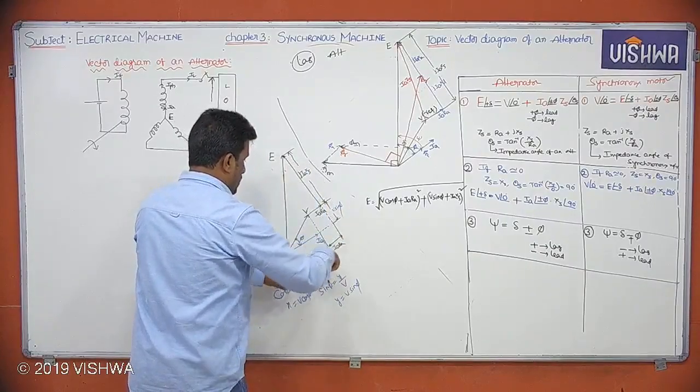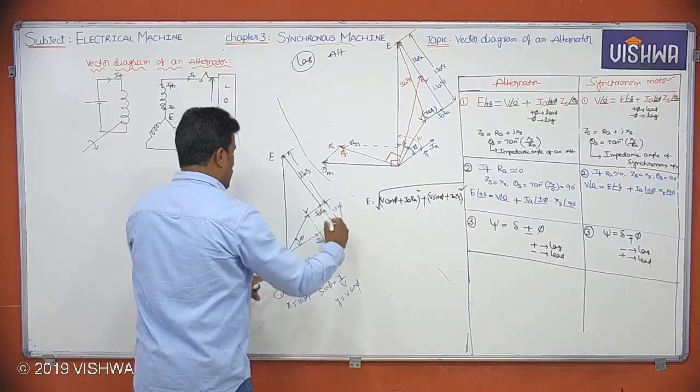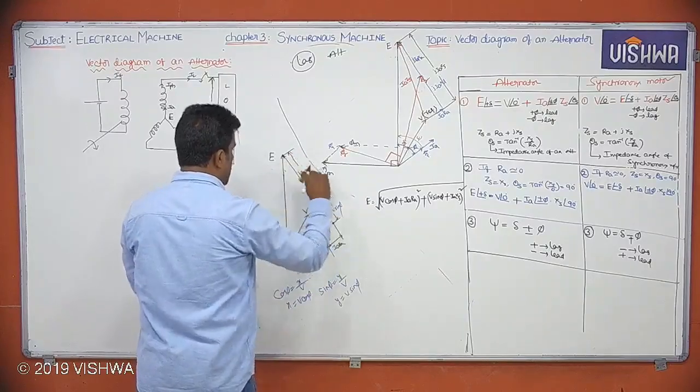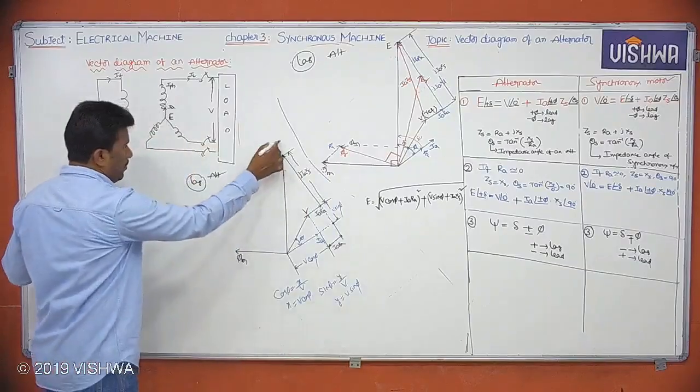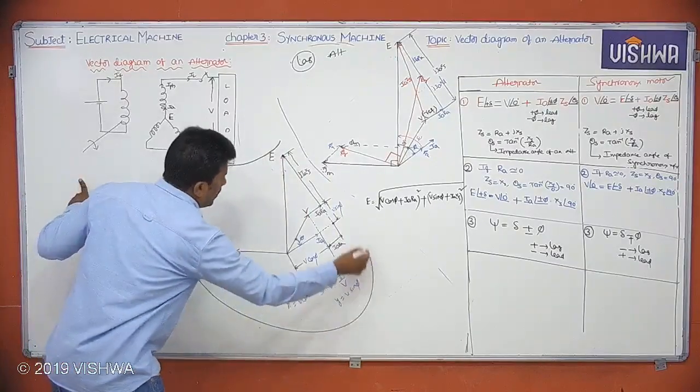This side means V cos phi plus IARA, whole square, plus V sin phi plus IA Xs, whole square. Is it clear? Very simple. From here to here means V sin phi plus IA Xs. So this is the vector diagram for lag load, no? It's a vector diagram for lag load.